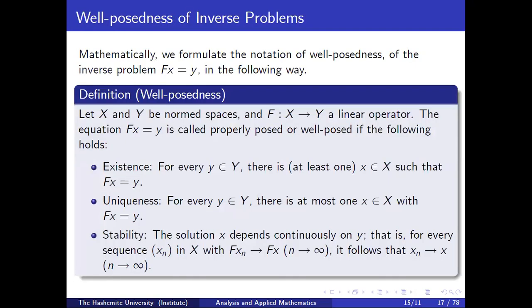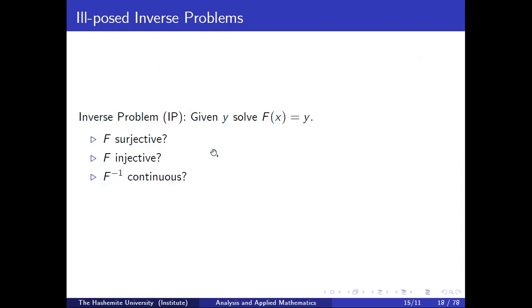So when we study this inverse problem, given y we want to recover x, mathematically, the problem is well posed if f, the function or the operator, is one-to-one and onto, and the inverse of this function is continuous. So in this case, we have a well-posed problem.